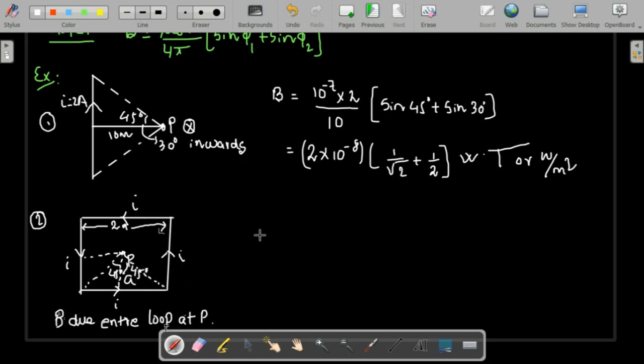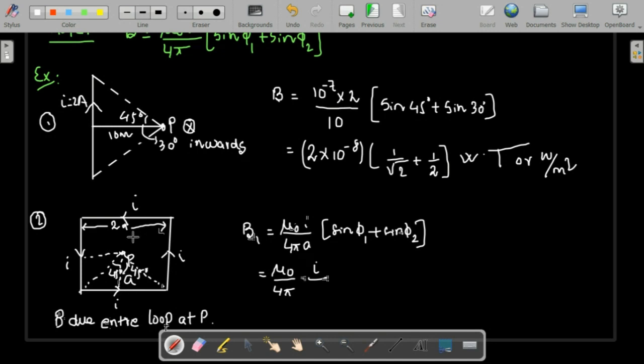Now if we want to find out using this formula, the B naught due to this is equal to mu naught I divided by 4 pi A into sine phi 1 plus sine phi 2. Now we know A is the perpendicular distance, so it's already given. I can write it as mu naught divided by 4 pi into I divided by A. This is A, and this would be sine of 45 plus sine of 45, so 2 times sine of 45, and sine of 45 is 1 divided by root 2.